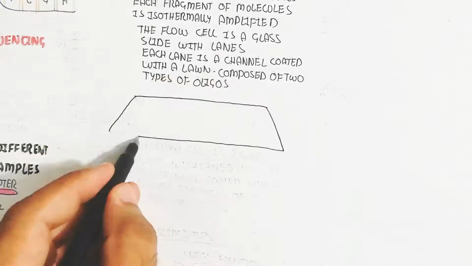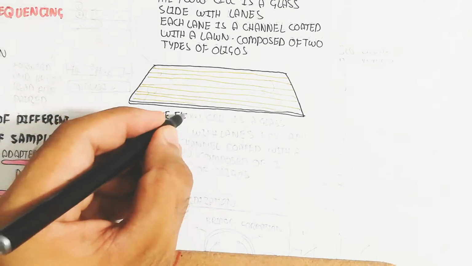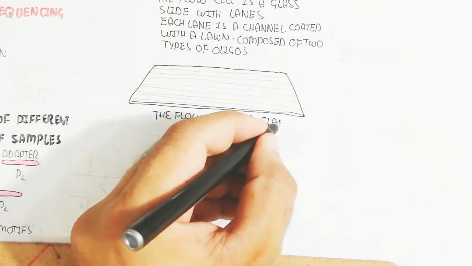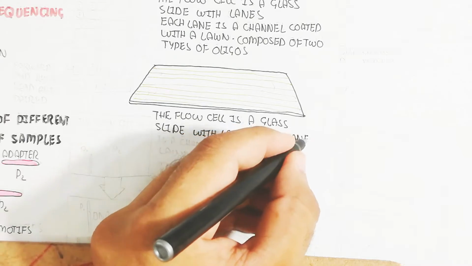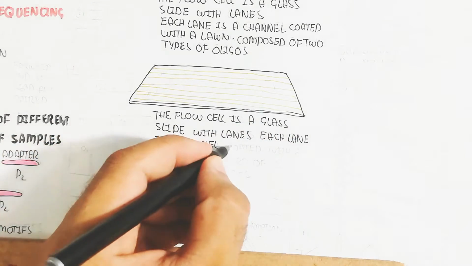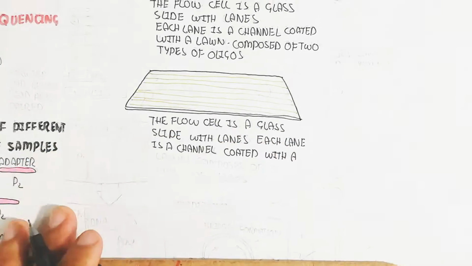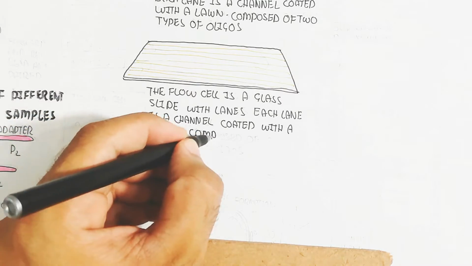So in this way we will discuss the flow cell. The flow cell is a glass slide with lanes, and each lane is a channel coated with a lawn composed of two types of oligos.